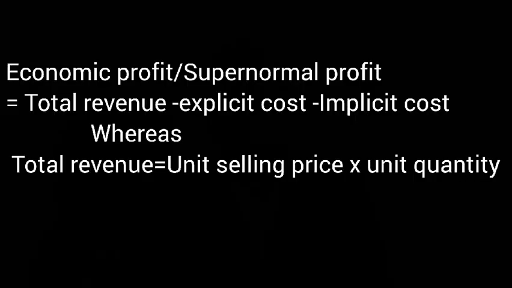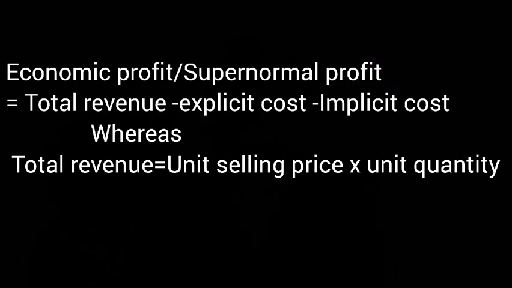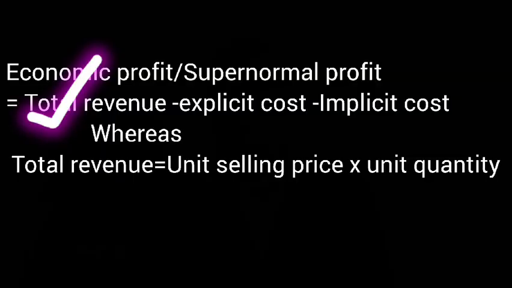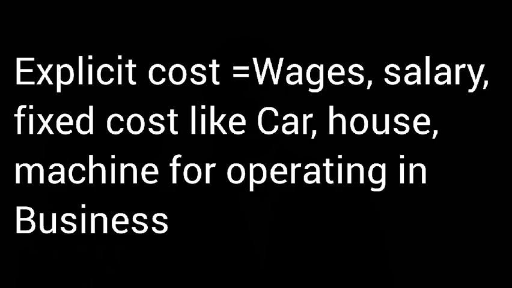Total revenues minus total cost. In economics, profit is determined by total revenue minus explicit cost minus implicit cost. What is explicit cost? Explicit cost is the expenses of every day that you are using to run a business. We call it explicit.